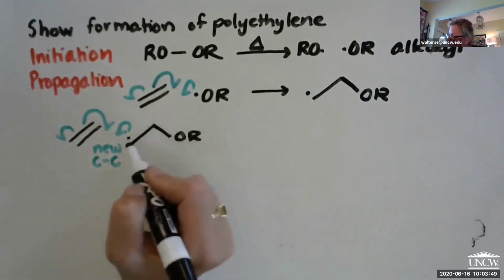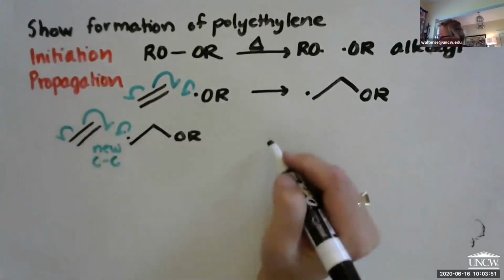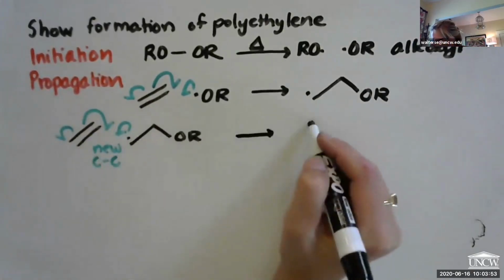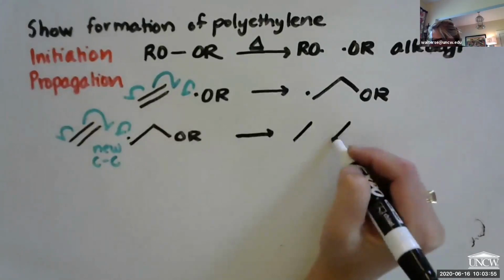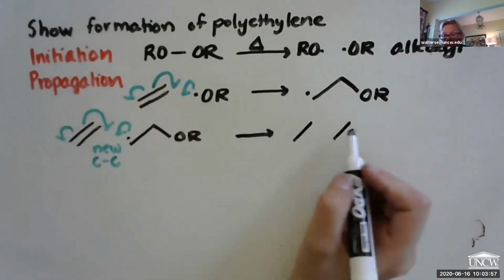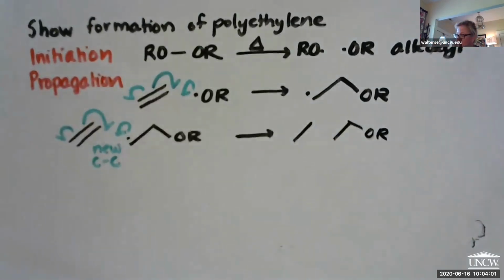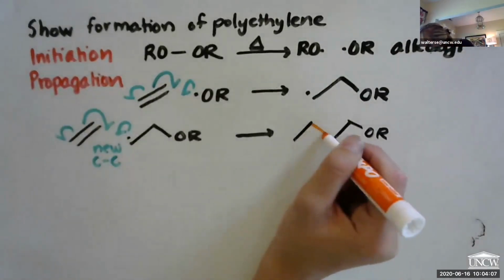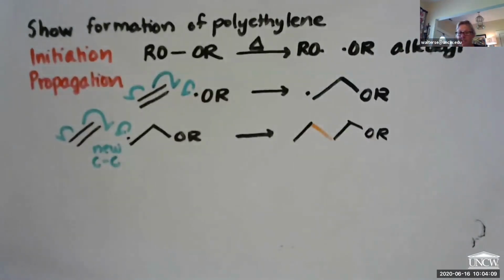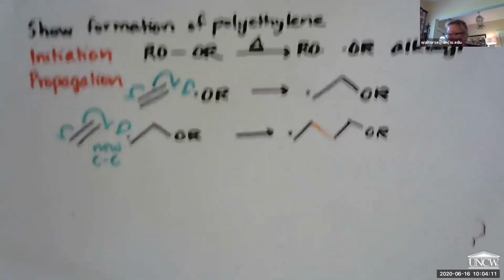So we have 1, 2, 3, 4 carbons involved. So this is the original piece. This is the new carbon-carbon bond, and there is your radical.